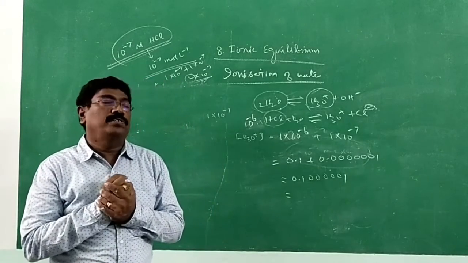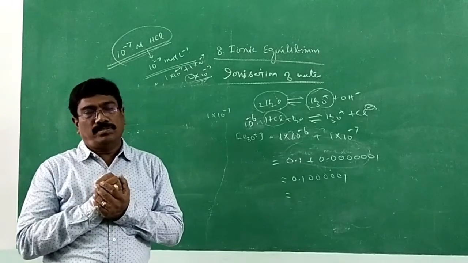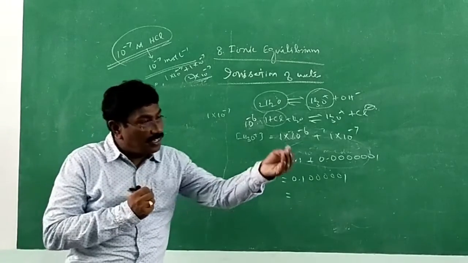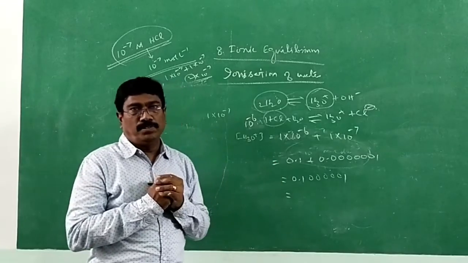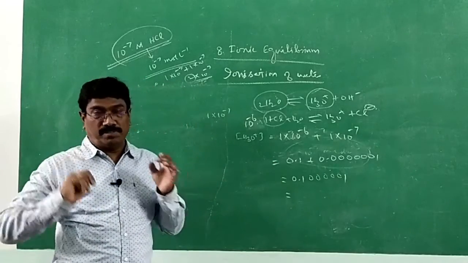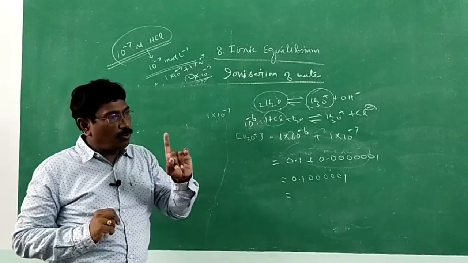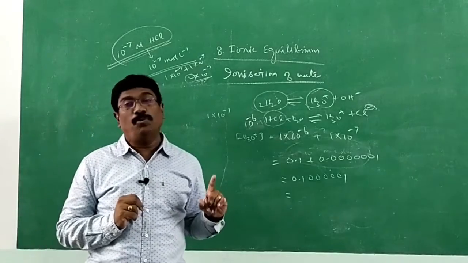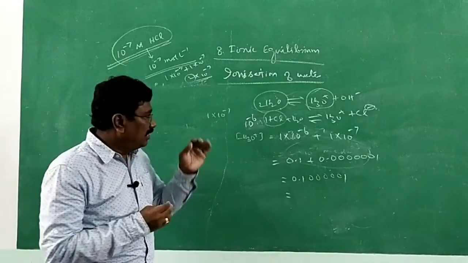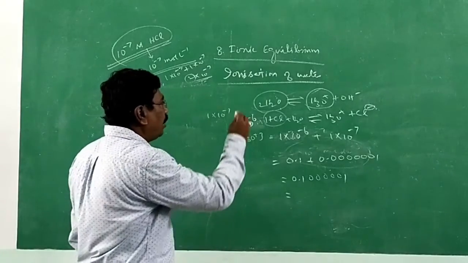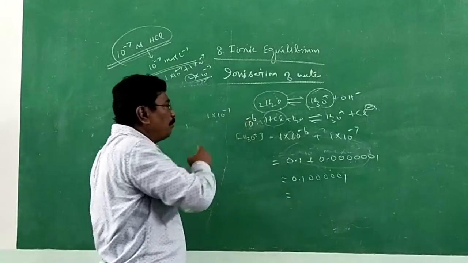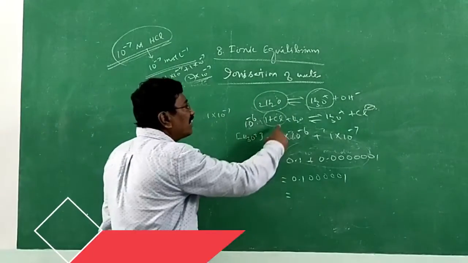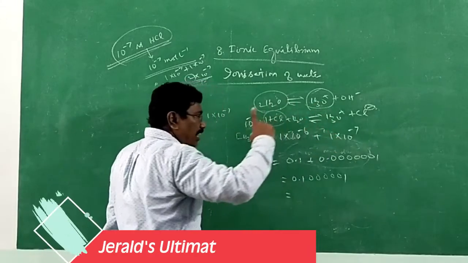But suppose I have only 2 rupees and 1 more rupee is added, that becomes meaningful. So now I should say I have 3 rupees. That's how when hydrochloric acid happens to be a very strong acid, greater than 10 power minus 6, we need not add the concentration of hydronium ion from water.